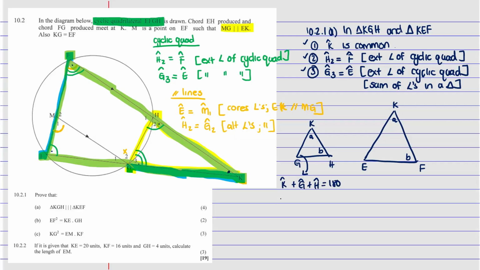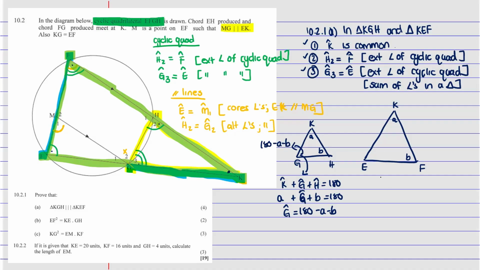So this is A, this is plus B, and this is going to be G, sorry, plus B, equals 180 degrees. Do you agree that angle G is equal to 180 degrees minus A minus B? So this is going to be the same as this angle here. Let me just write it here: 180 degrees minus A minus B.